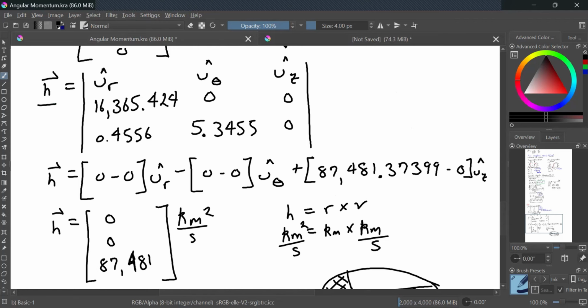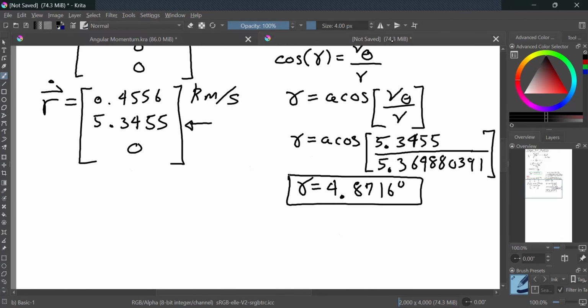So because of that, we only care about our tangential velocity. So another valid way of writing it, let's bring that equation back over here. R cross V. And that's in vector form. If we were to turn this into a scalar, H is whatever our R is, and we only care about V theta.